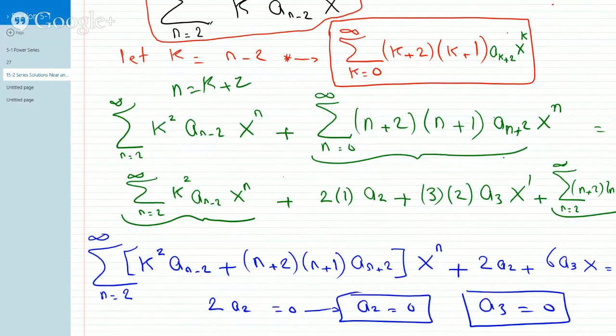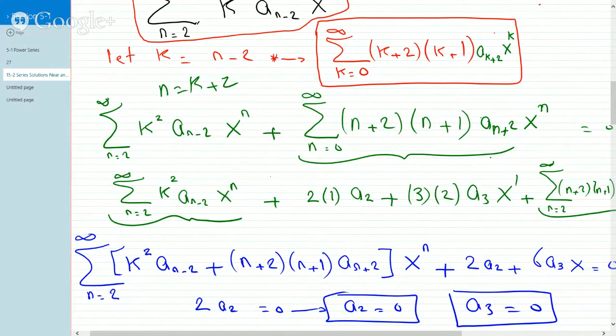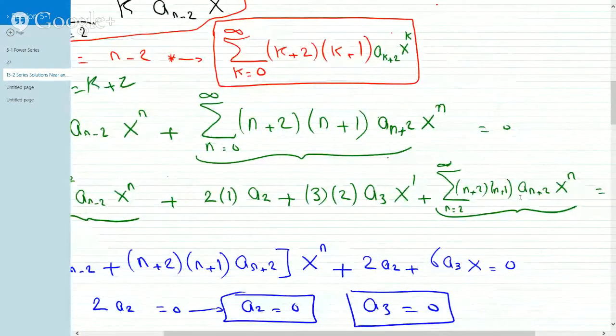So when n is 0, you get 2 times 1 times a2, plus when n is 1, you get 3 times 2 times a3 times x, plus the remainder of the series that's now starting at 2, because we already took the n equals 0 and n equals 1 out.